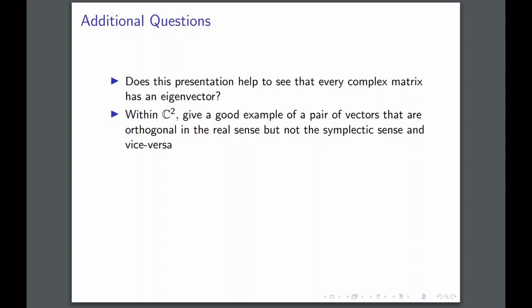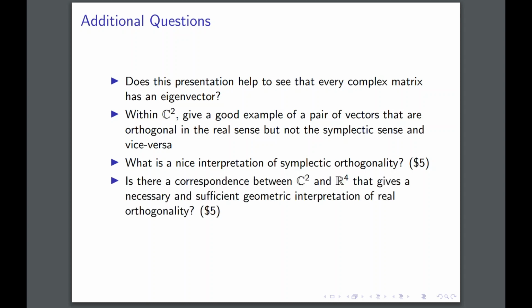And now, kind of in the spirit of Erdős, I have some bounties for some questions that I really want the answers for, which is, what is a nice interpretation of symplectic orthogonality? And this is, of course, within the context of this representation I described. Next, is there a correspondence between C2 and R4 that gives a necessary and sufficient geometric interpretation of real orthogonality?